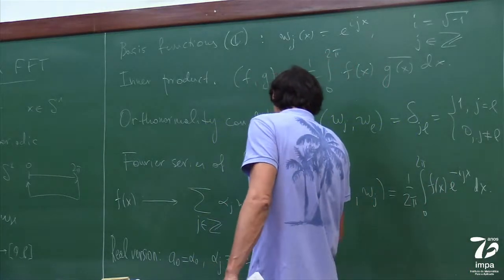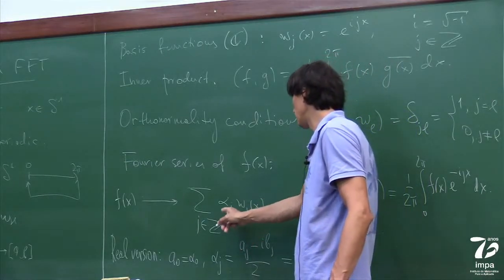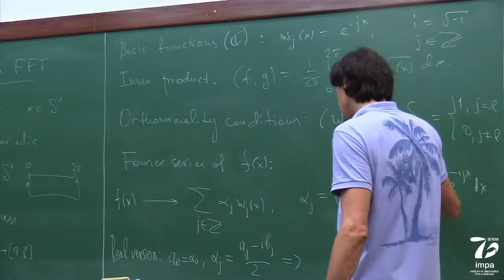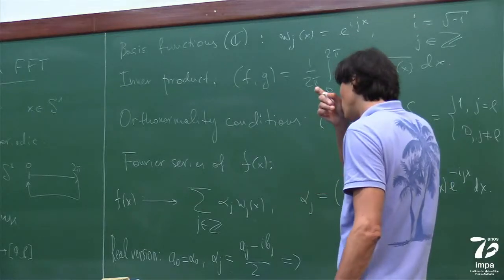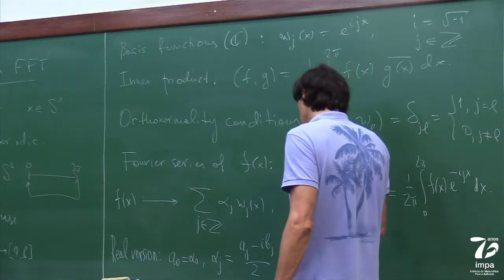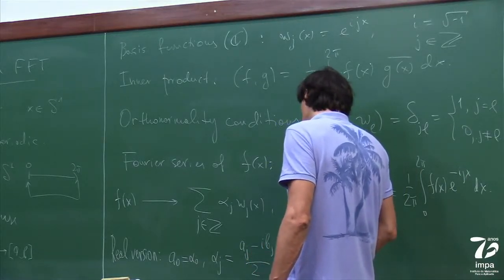So then when you substitute both into this sum and assume that f is real, all complex terms will cancel and only real terms remain. This is what you probably remember from functional analysis.